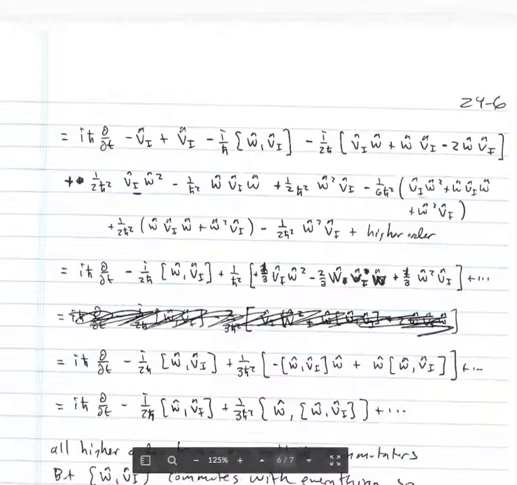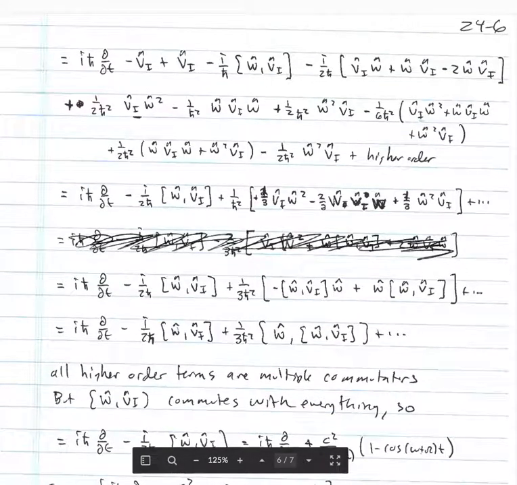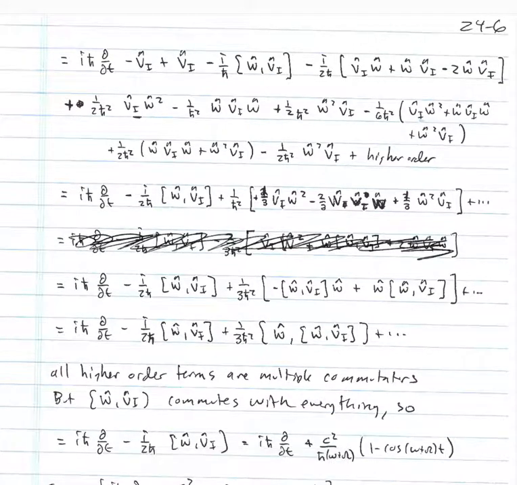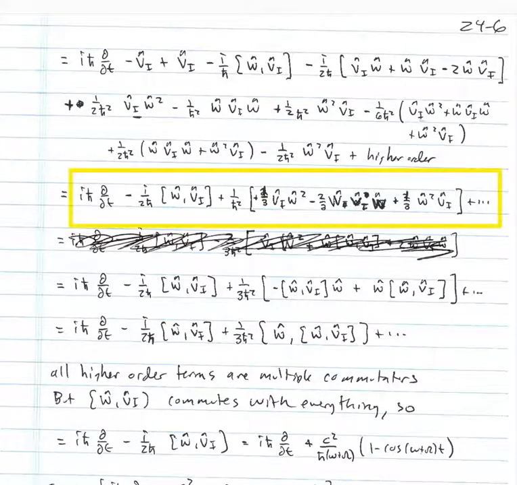Now what we want to do is we want to group these terms together. So as I had mentioned before, the minus vi and the plus vi, they cancel. I have an i h bar d by dt. I have a minus i over 2 h bar commutator of w with vi. That's because on the first line we have another term that involves a plus i over 2 h bar commutator of w with vi.